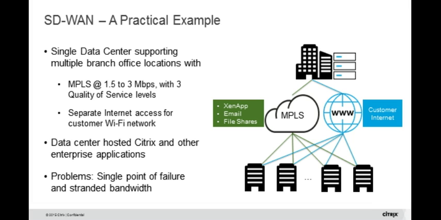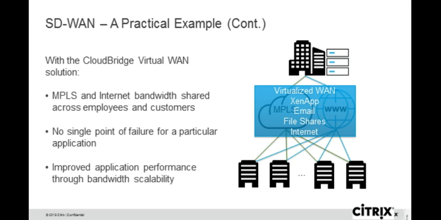And because they had built essentially two separate networks, they were stranding WAN bandwidth. And now with the software-defined WAN solution in place, they're able to treat the MPLS connection and the Internet access connection as one single virtualized or software-defined WAN, where mission-critical or enterprise applications as well as the customer Internet traffic share all the bandwidth together.